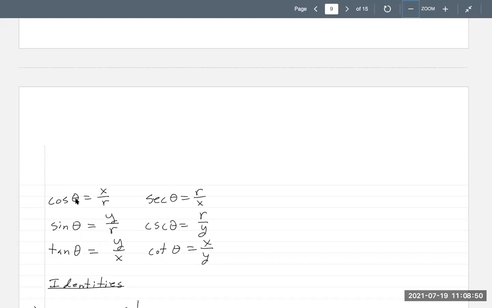And so cosine of theta is x over r, secant theta is r over x, sine of theta is y over r, cosecant of theta is r over y, tangent of theta is y over x, and cotangent theta is x over y. Now, of course, my assumption here is I'm never dividing by 0. So for each of these, make the assumption that the denominator is not 0.